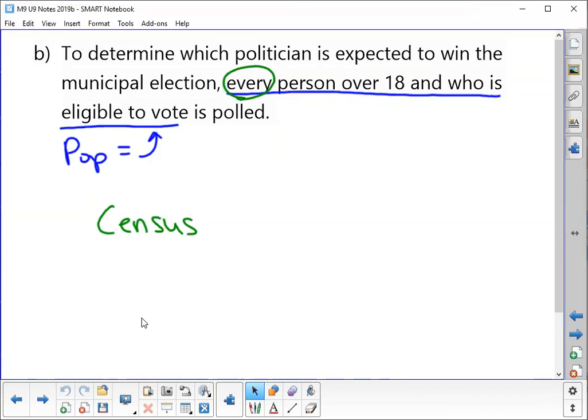And they have asked everybody. So that is a census. And that is kind of silly. Why would you do a poll for that? It'd be very expensive and that's not a good idea. They should have done a sample for this because it would be too expensive and too time consuming. And you'll figure out the census of it on the day when people vote.